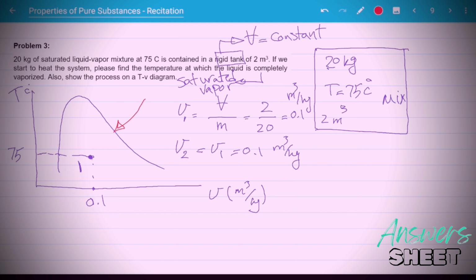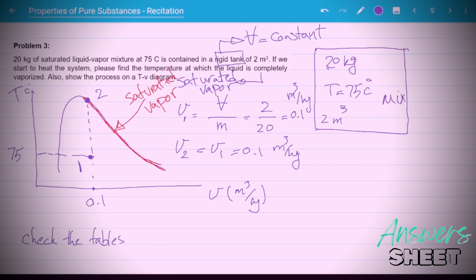This line over here, right of the critical point on the dome, shows the saturated vapor, right? This is the saturated vapor line. And we are dealing with a constant volume problem, so the volume remains the same. We are going to hit the saturated vapor line right there. So this is the second state, or the final state.